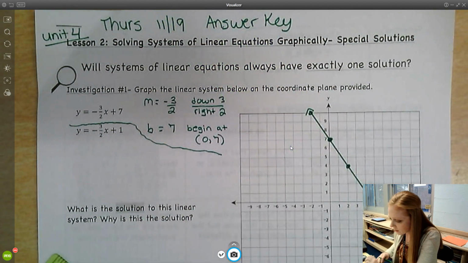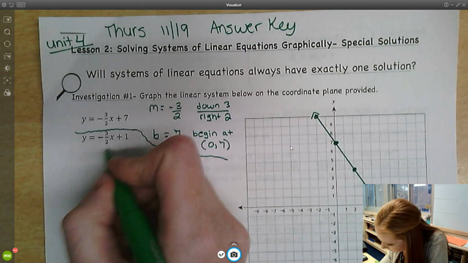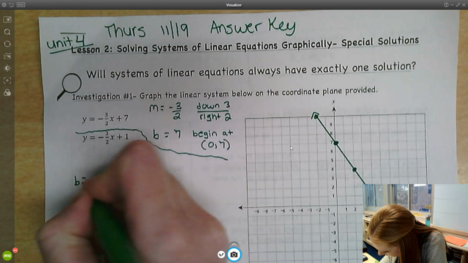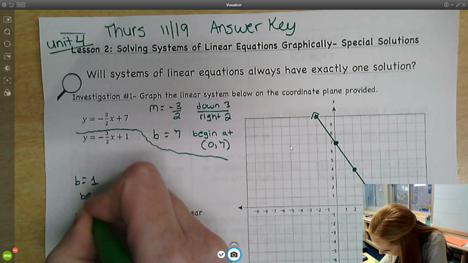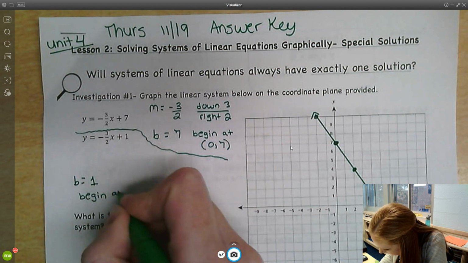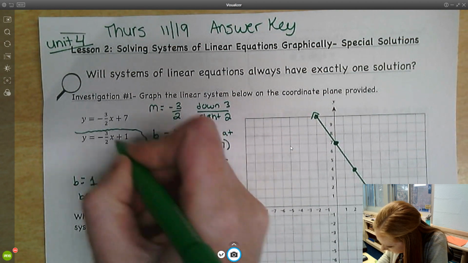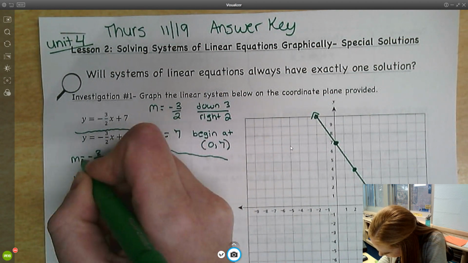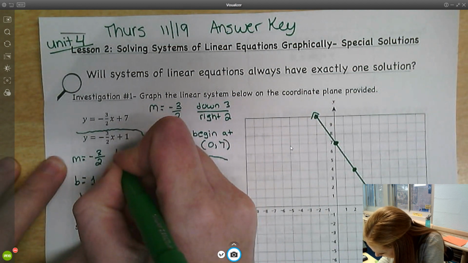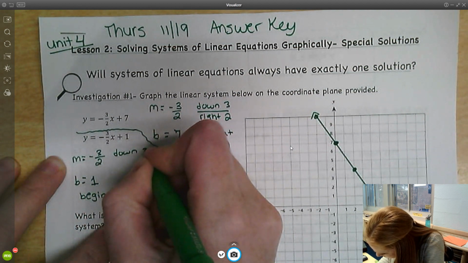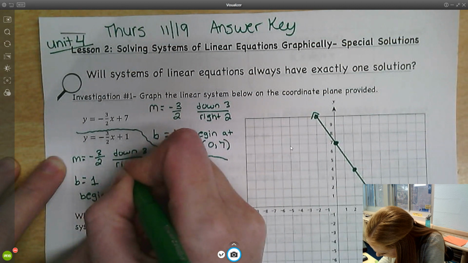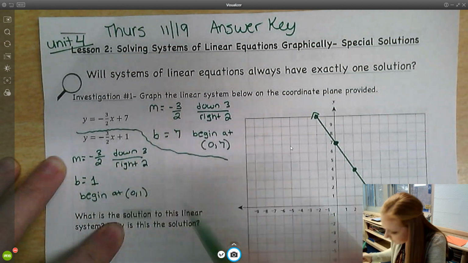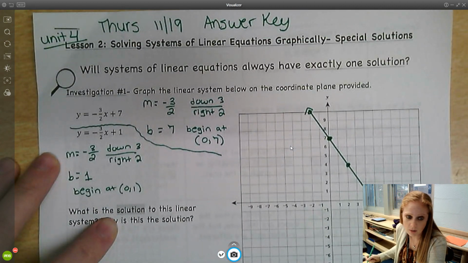And my second one, the y-intercept is 1. So we're going to begin at (0, 1), and our slope is negative 3 over 2, which tells us to move down 3, right 2.